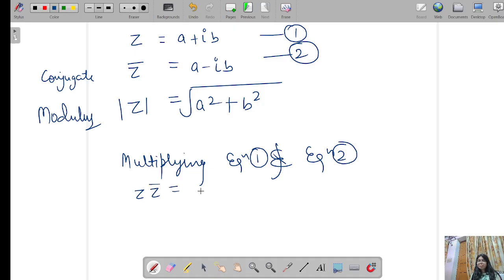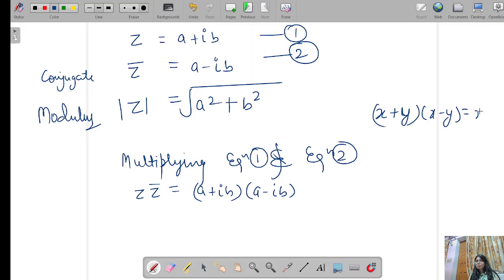Z bar, it will be a plus iota b and a minus iota b. Again, I am going to use this identity: let's suppose I have taken another variable, x plus y times x minus y is basically x square minus y square. Here I have this term and this term. This will go to a square minus iota b whole square.